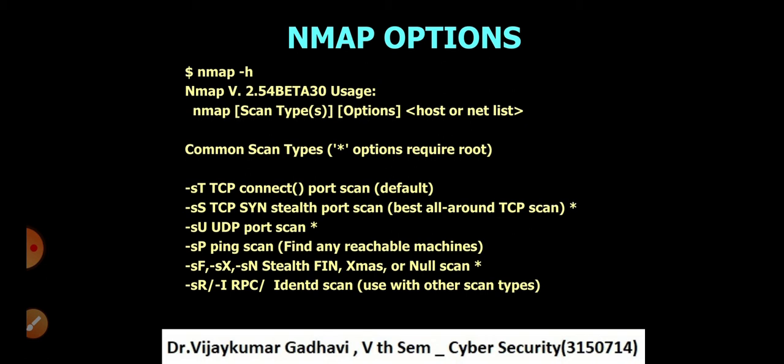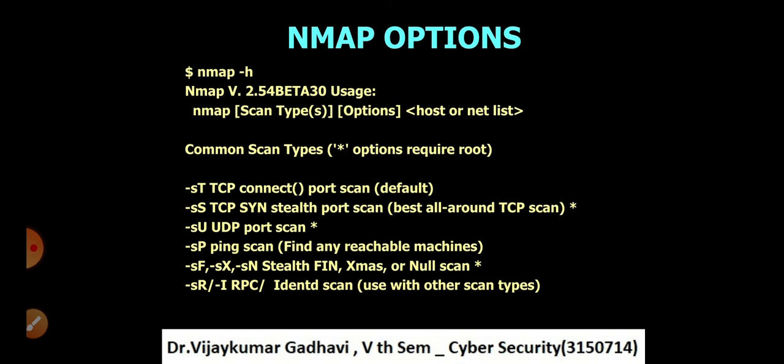Here we can see the symbols we can use. -sT is TCP connect for port scan, -sS is TCP SYN for stealth port scan, and -sU is UDP port scan. -sP is a ping scan, used to find any reachable machines. -sF, -sX, and -sN are FIN, Xmas or null scans. This is just a number of commands and how they work.